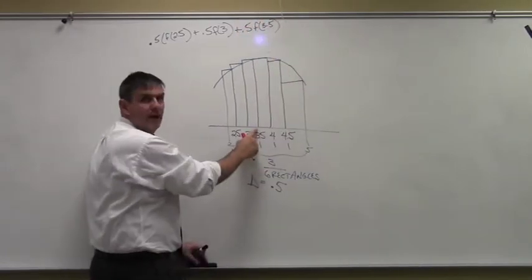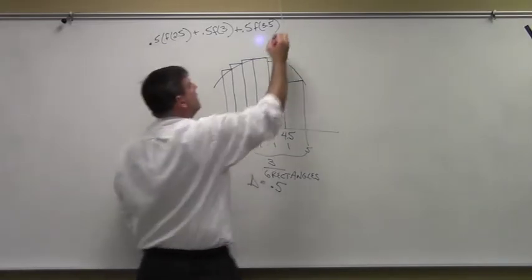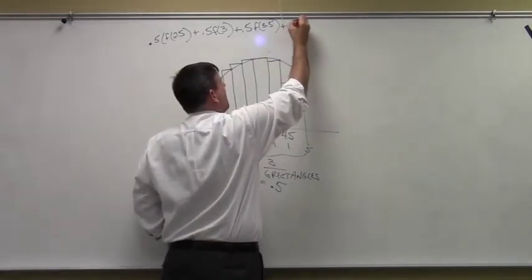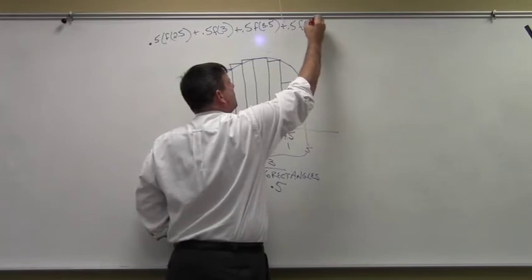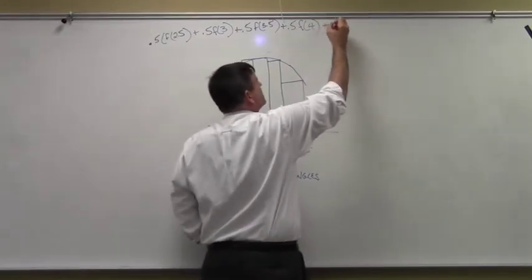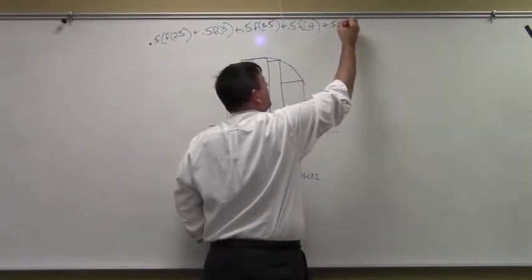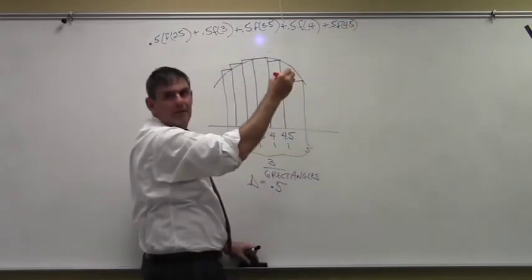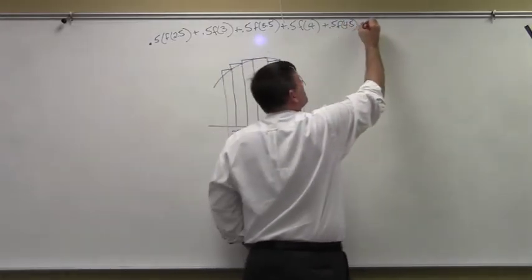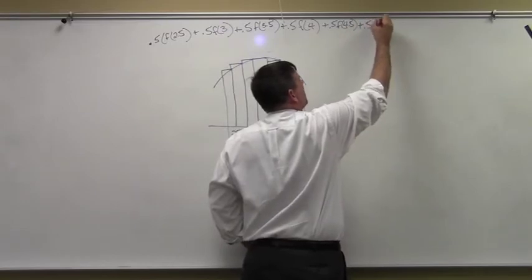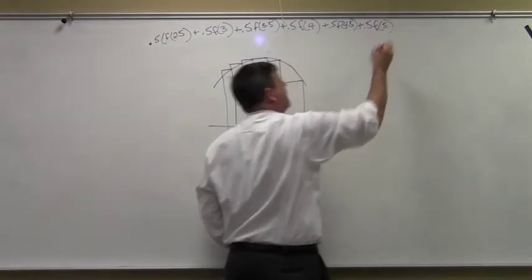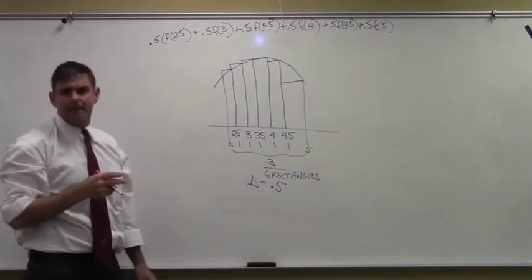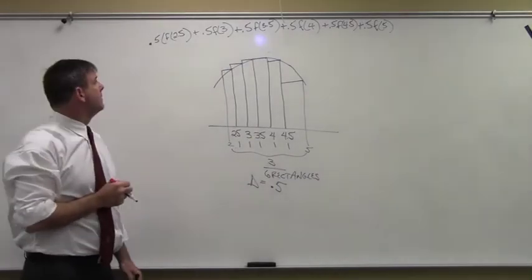Again, I'm using the right endpoint of each rectangle, plus 0.5 times f of 4, plus 0.5 times f of 4.5, and do I have a little bit of room left? Plus 0.5 times f of 5. And I'm hoping that that's showing up okay on the film.